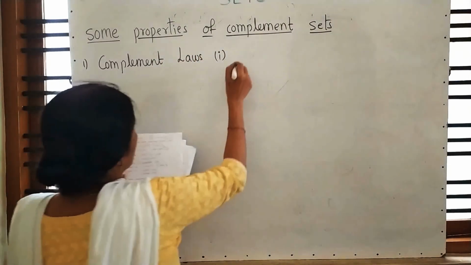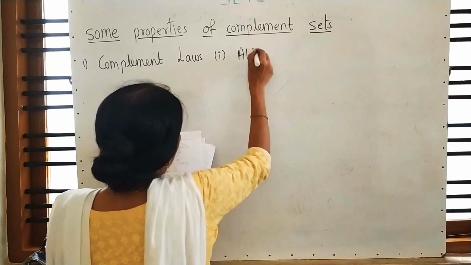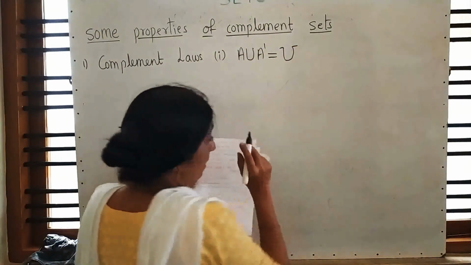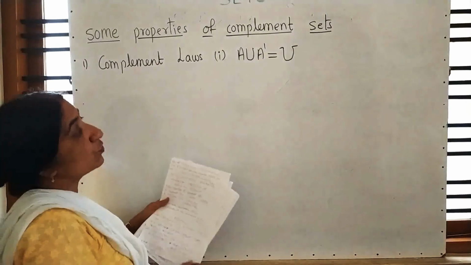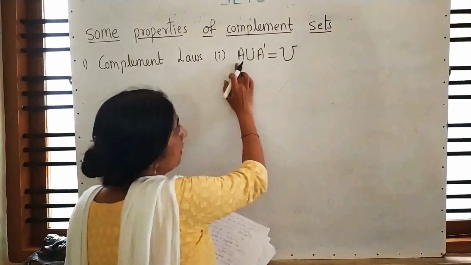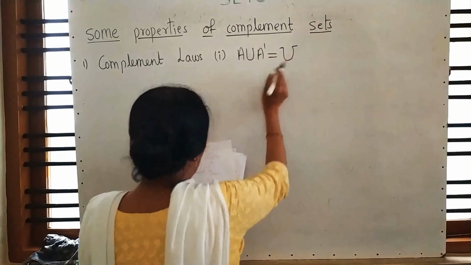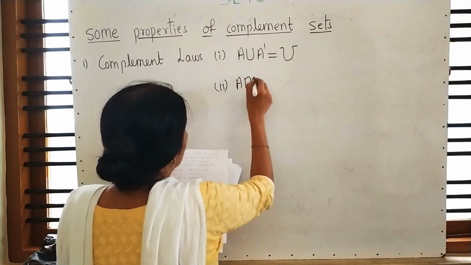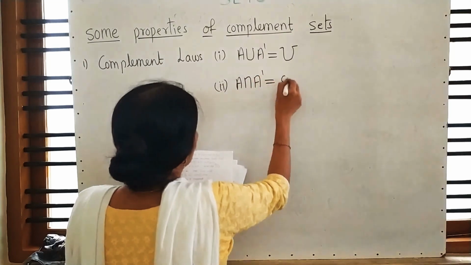First one: if you take the union of any set with its complement, it gives you the universal set. Union of any set and its complement gives the universal set. Second one: intersection of any set with its complement gives the null set.